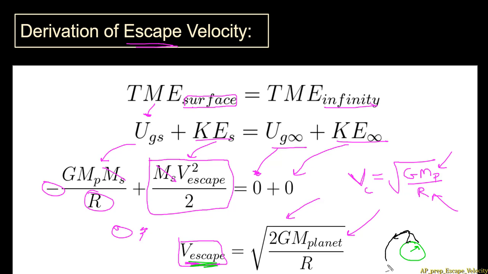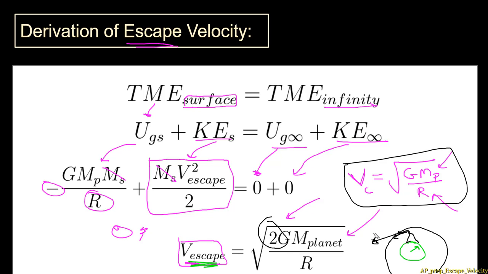If he wanted to increase the speed so that it never came back, it only needs to be square root of 2, or 1.41 times the speed to go in a circle. What? I think that's just a function of the fact that gravity decreases with distance. Not sure.